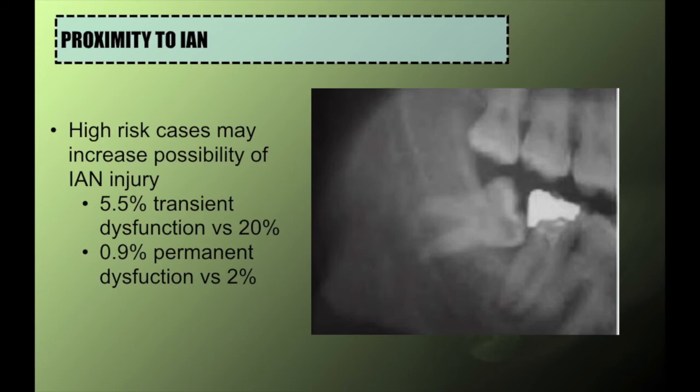This boils down to the inherent complication associated with mandibular third molar removal, which is the inferior alveolar nerve injury. Widely available data shows the possibility of IAN injury. This could again be explained by the data provided in the study previously shown.